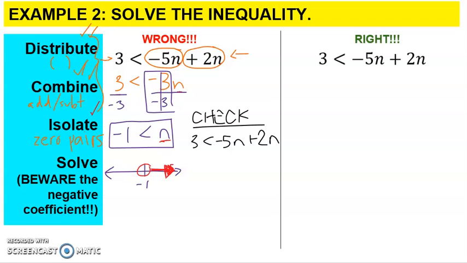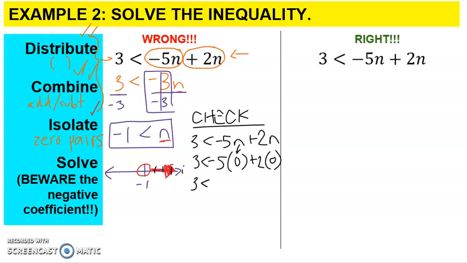And now we're going to pick a solution that's inside this solution set. So anything that's greater than negative 1. I could pick 0. I could pick 200, but it's my check. I want to pick something small, right? So I'm going to pick 0. Anywhere I have n, I'm going to substitute a 0 because this is how I check my work, right?